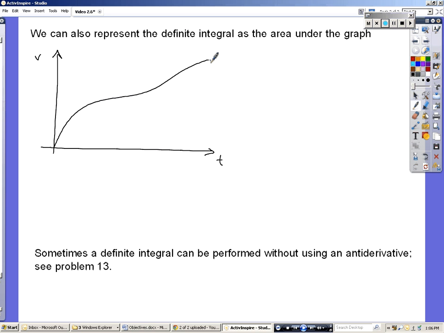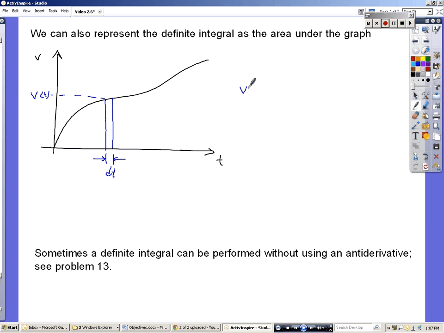It looks something like that, just making something up. You know that velocity times time is going to give you some kind of displacement. So let's look at what happens in a very short length of time dt. Now that's v at t.